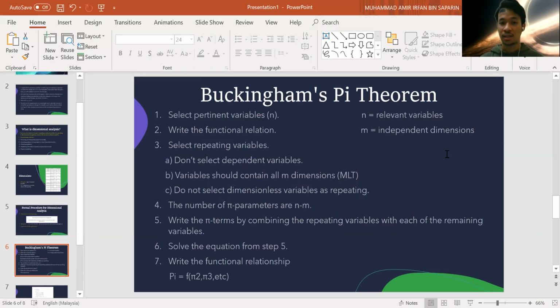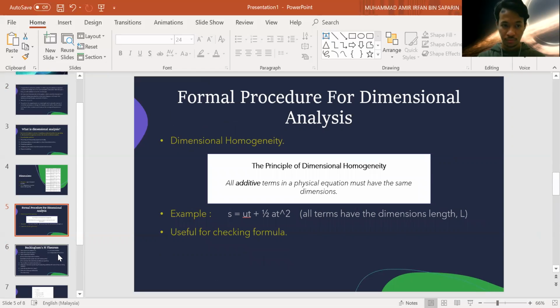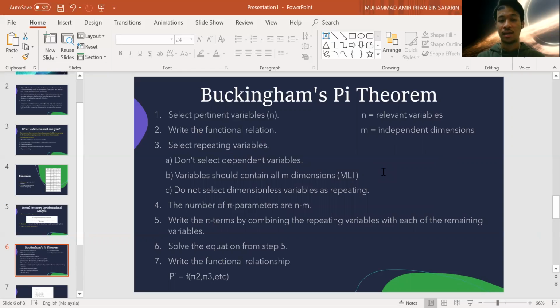First is don't select dependent variables. The dependent variable is the drag force here. Second, variables should contain all the m dimensions, which are mass, length, and also time.